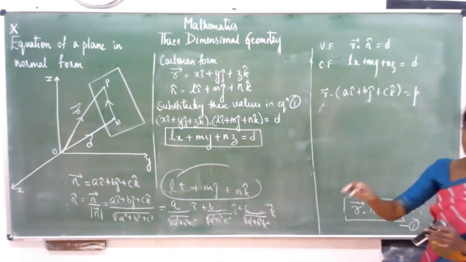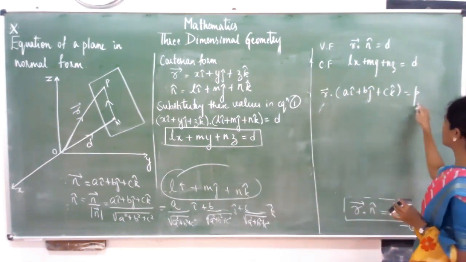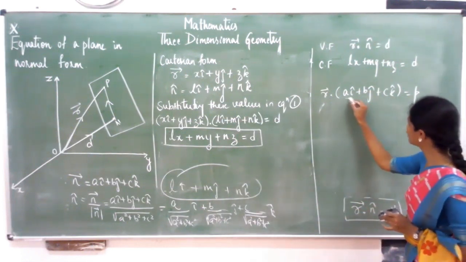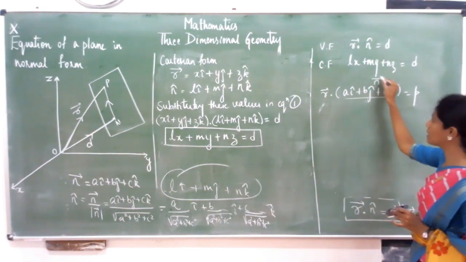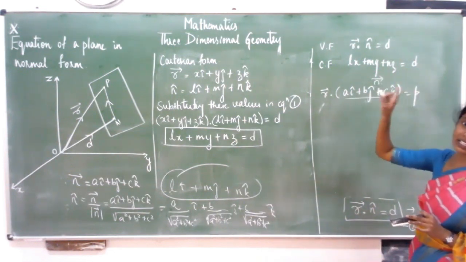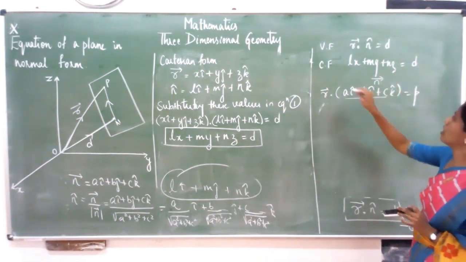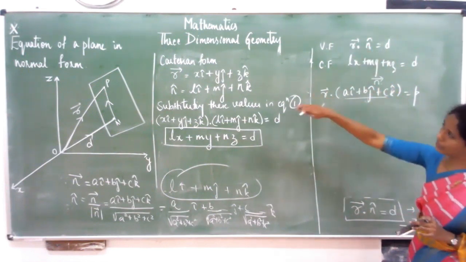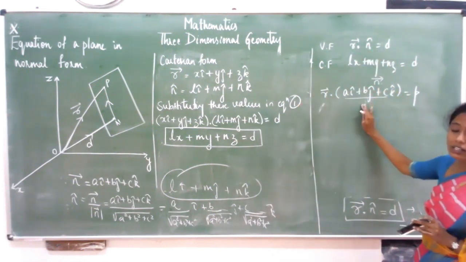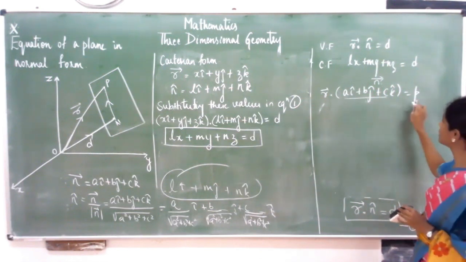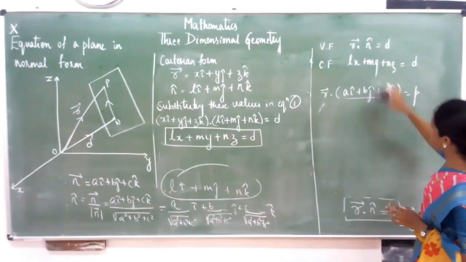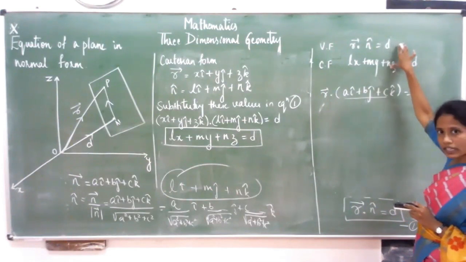now the distance from the origin to the plane I am taking as p. Why? Because here I have considered vector n, which is not a unit vector. When they have considered the unit vector, we write it as d. When they have considered only the normal vector, we write it as p, because finally we always reduce it to this form.